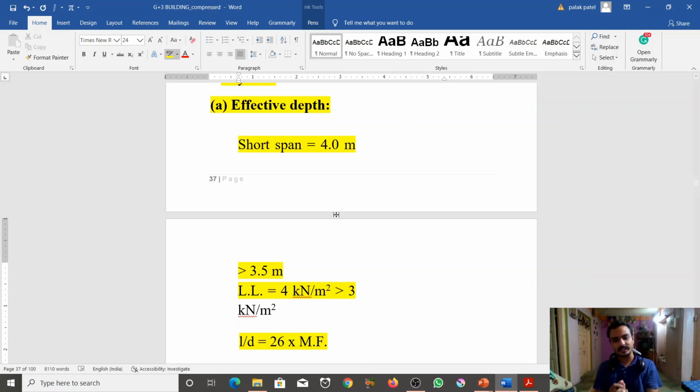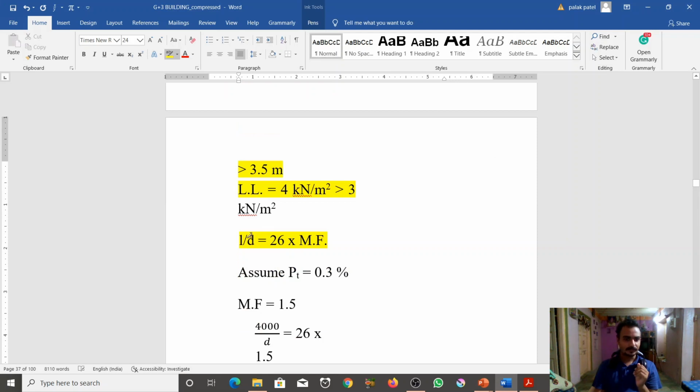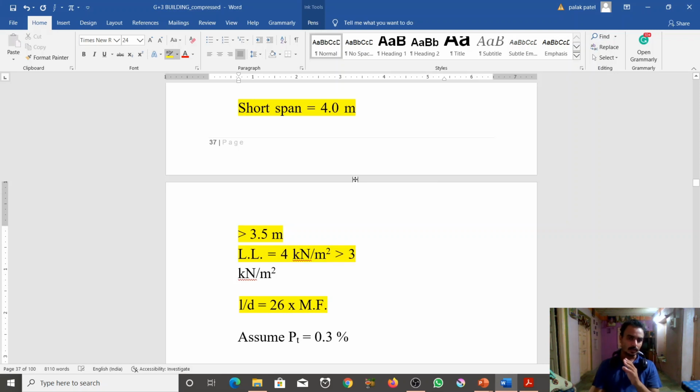When these two conditions are fulfilled, we follow the length by depth ratio equal to 26 into MF. If the conditions are not fulfilled, meaning the shorter span is less than 3.5 or the live load is less than 3, then we multiply 26 into MF by 0.8.